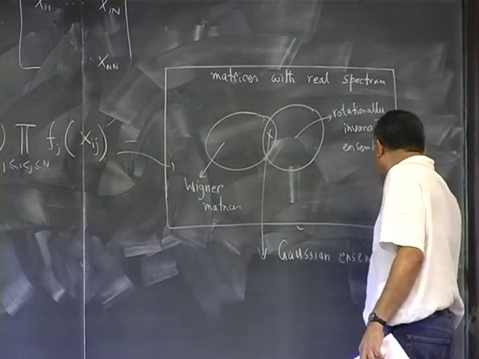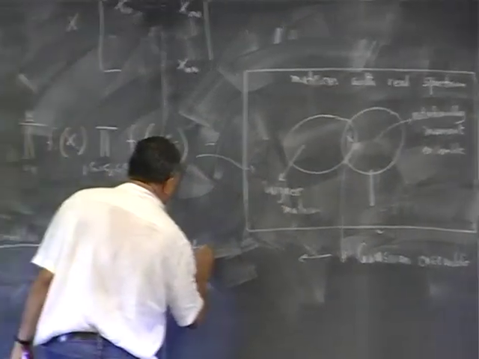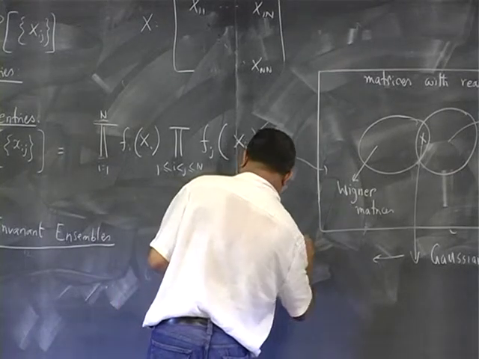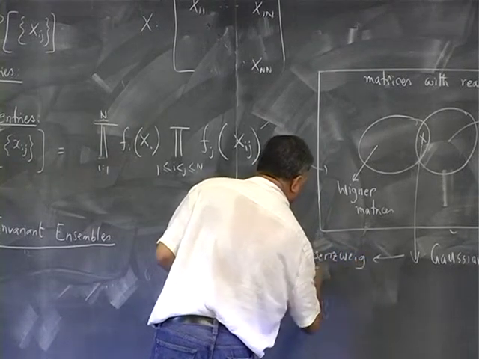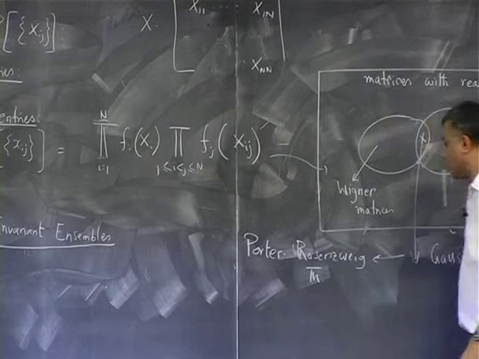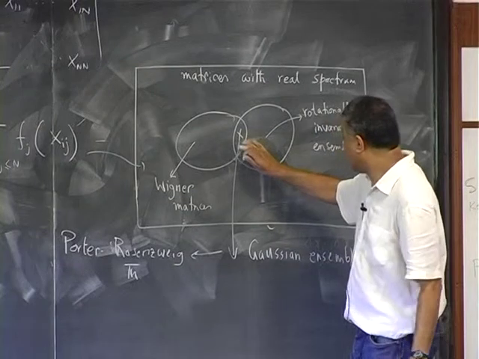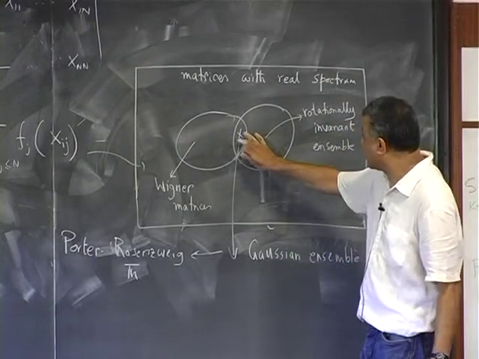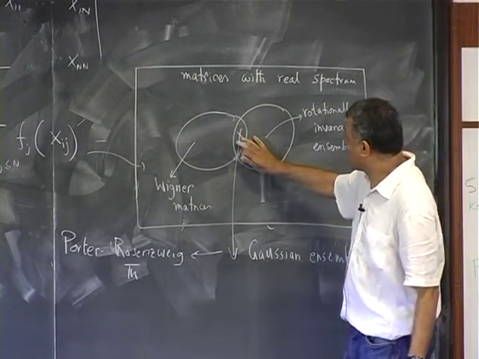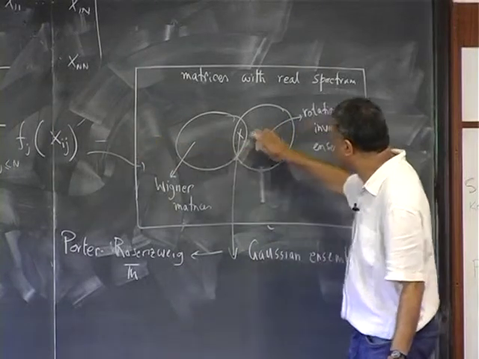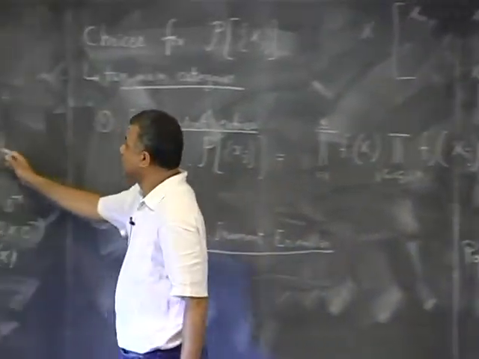So this is a theorem which goes by the name of Porter-Rosenzweig theorem. I'm not going to prove this. Porter and Rosenzweig proved that there is only one ensemble in this overlapping region, which is the Gaussian ensemble, which satisfies both the independent entries as well as the rotational invariance.